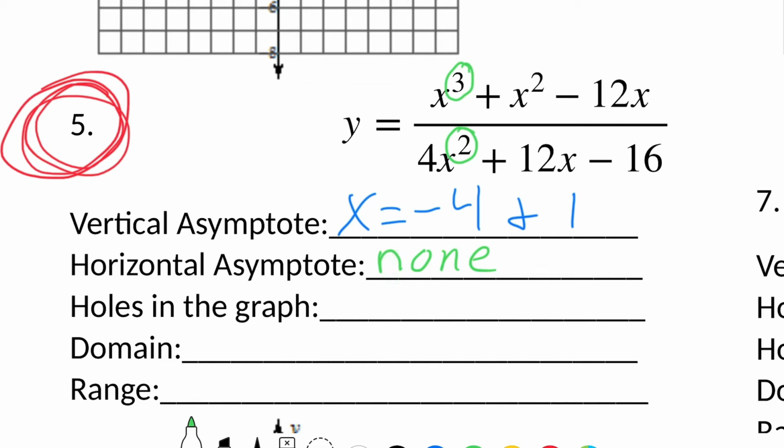Now, for our holes, we've got to determine if there's common factors. So we have to start by factoring both the numerator and denominator.